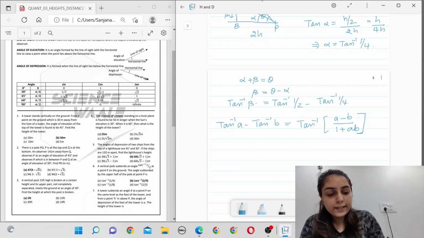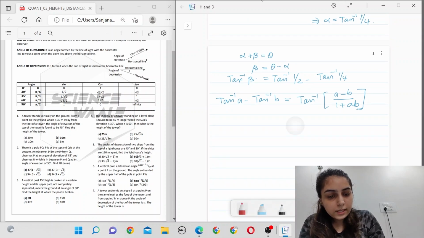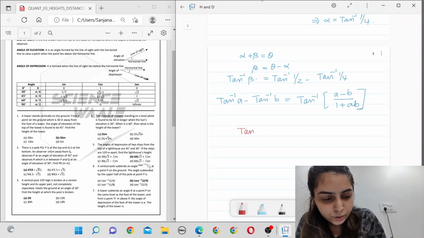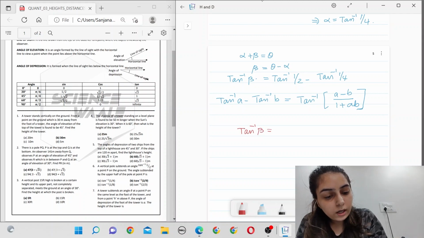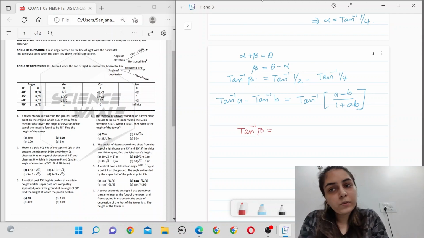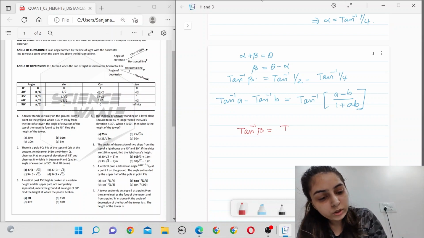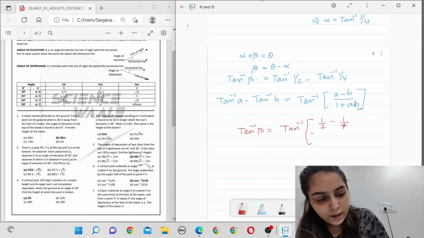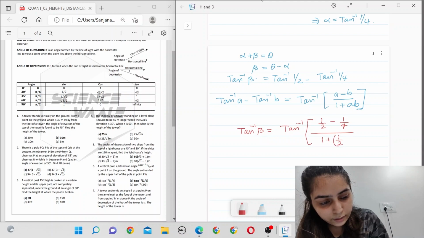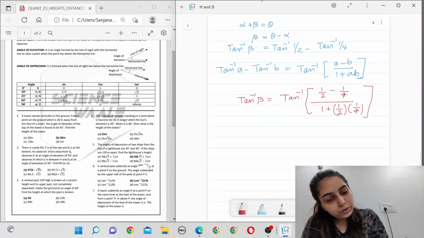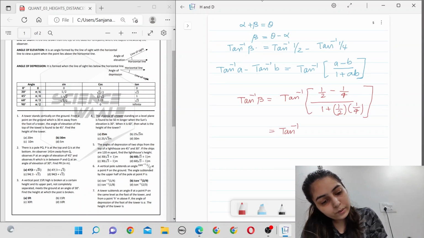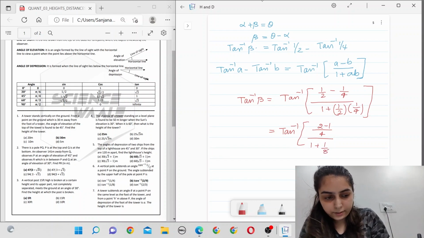So we are going to apply this formula here. So tan inverse beta is equal to, let's take 1 by 2 to be A and 1 by 4 to be B. So tan inverse of (1 by 2 minus 1 by 4) by (1 plus 1 by 2 into 1 by 4). So that is equal to tan inverse of (2 minus 1) by 4 by (1 plus 1 by 8).